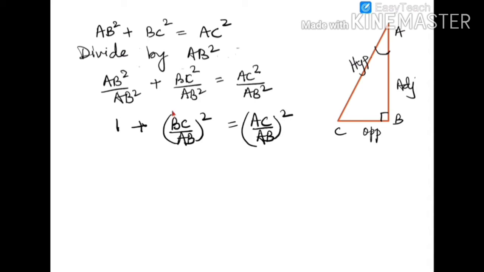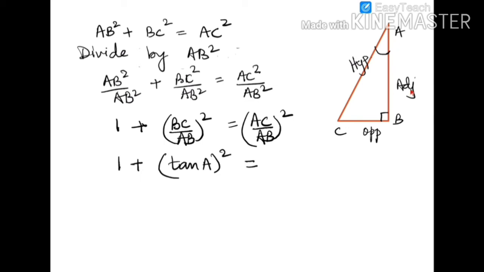Now find from the figure, BC upon AB corresponds to which trigonometric ratio? BC is the opposite side to angle A and AB is the adjacent side. So BC upon AB is opposite upon adjacent, and that is equal to tan A. So 1 plus tan A square is equal to, now find the trigonometric ratio that corresponds to AC upon AB. AC is the hypotenuse and AB is the adjacent side.